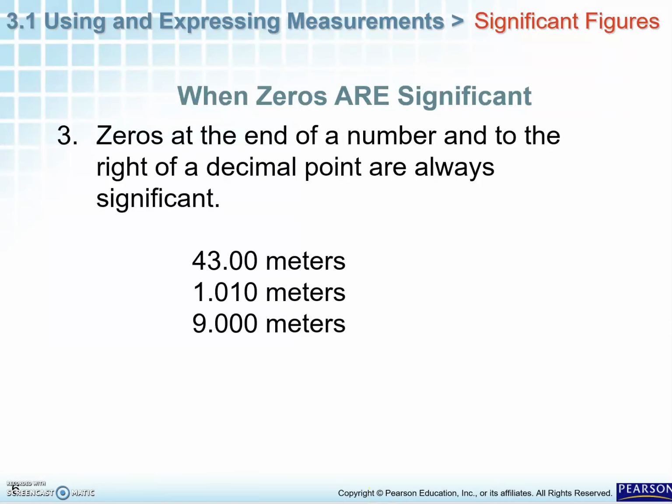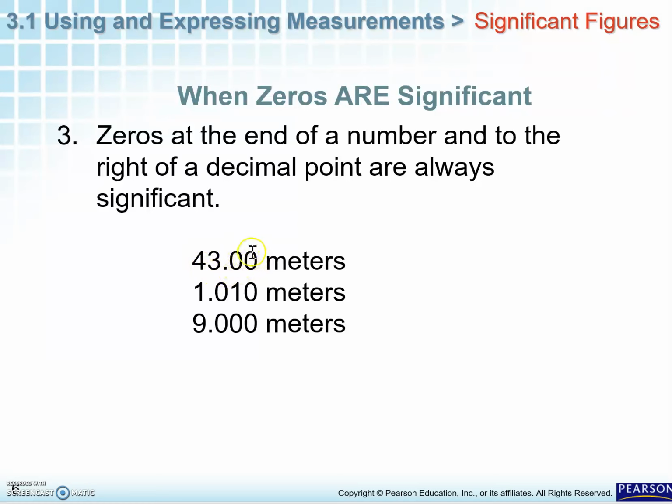Rule 3 states that the zeros at the end of a number and to the right of the decimal point are always significant. So at the end of our number and to the right of our decimal point. 43.00: these are to the right of a decimal point and they are at the end of our number.